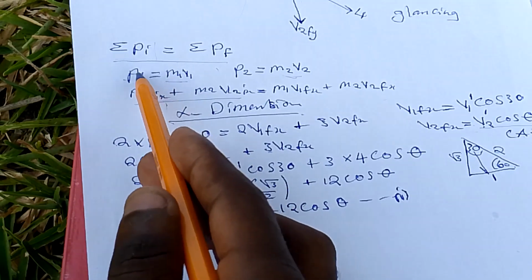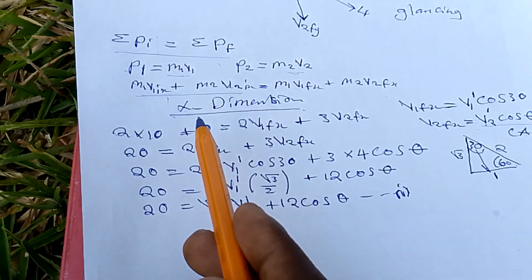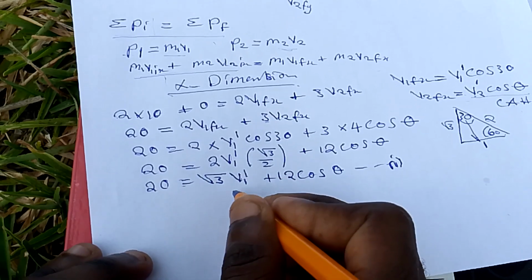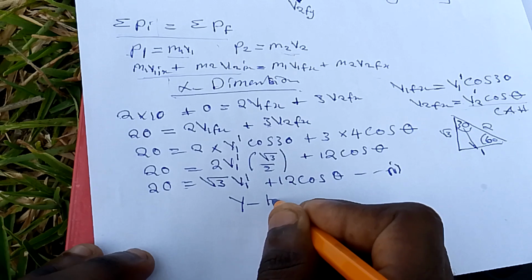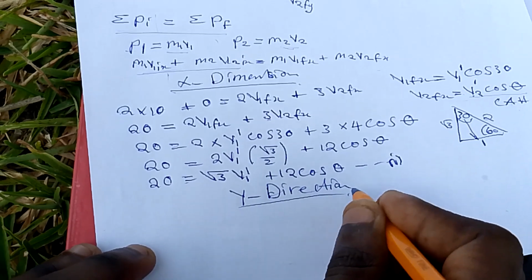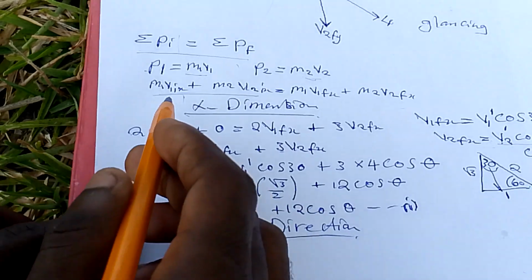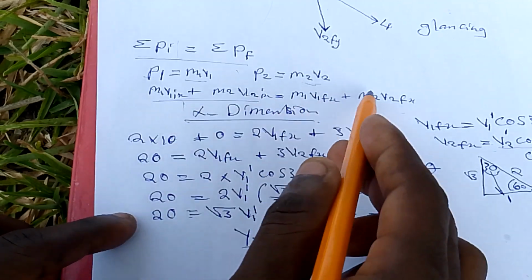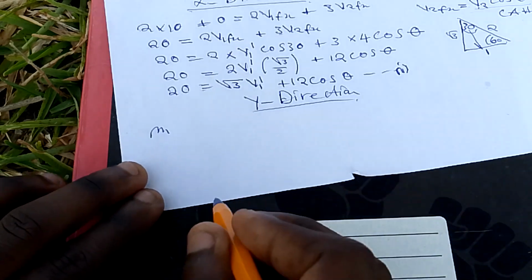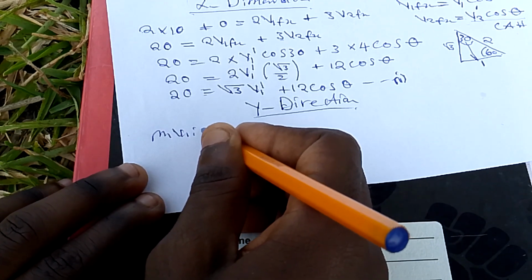we wrote this law of conservation of linear momentum in the x direction. Now we need to write this in the y direction. So in the y direction, we are also going to write the same law, to rewrite it. So we are going to have m1 v1 initial y, you get.